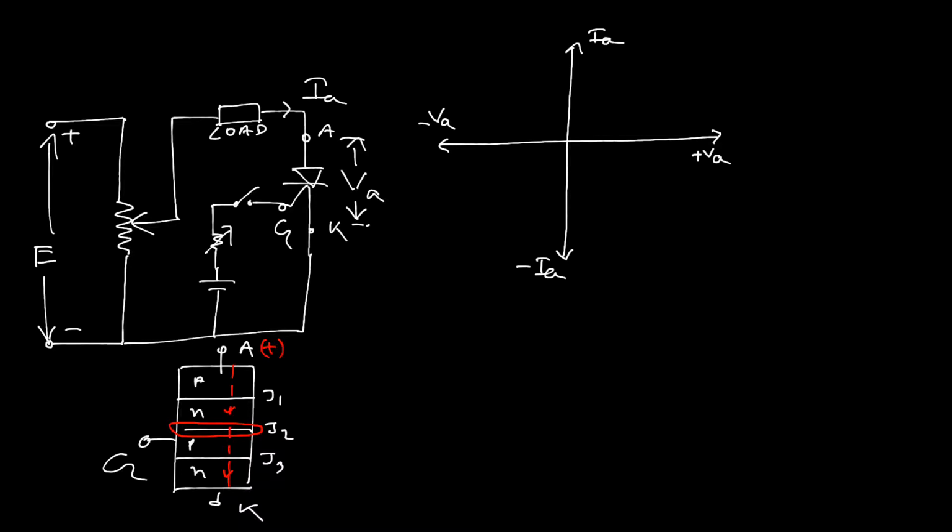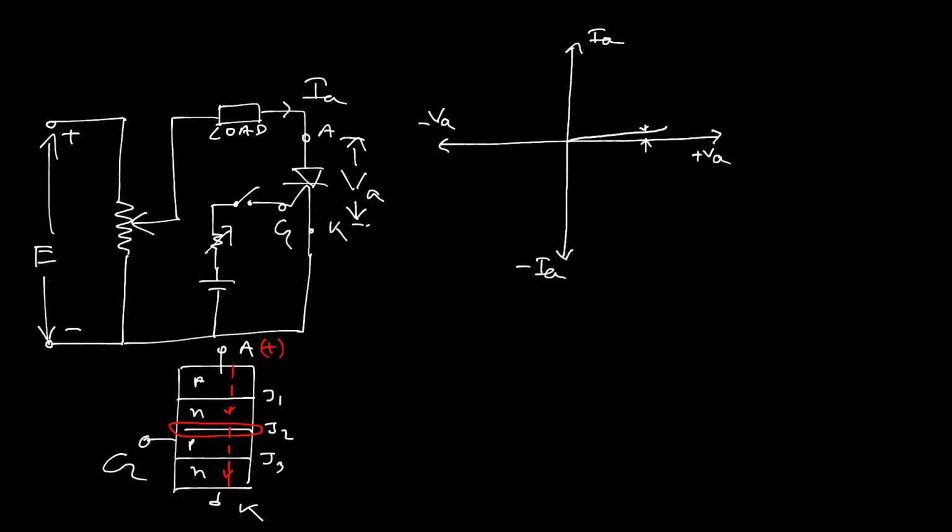We can draw this phenomenon on this axis. It starts from here up to a point, where a very small amount of leakage current flows. This is the amount of leakage current.